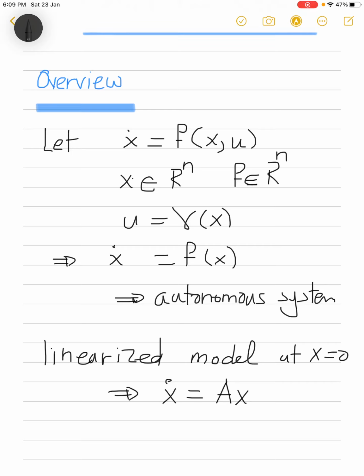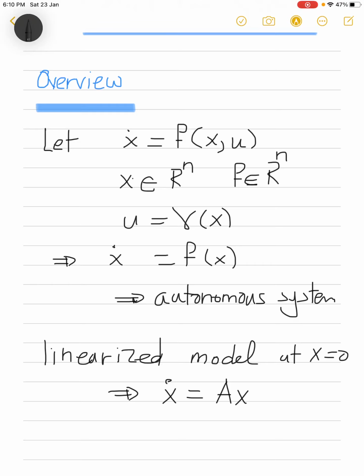We know that this is a popular way to study nonlinear systems: we can linearize around the equilibrium point and then study the behavior of the linearized model around the equilibrium point. However, the bottom line here is that we get a linear model in the form x dot equals Ax, and that linear model should be studied. So in this video I'm going to start by studying the behavior of a second order linear system in the form x dot equals Ax.